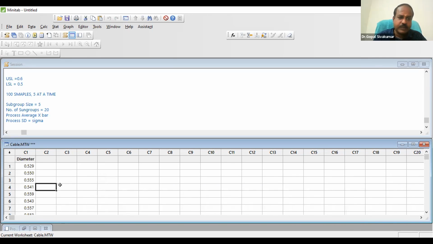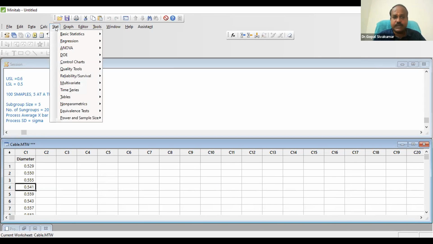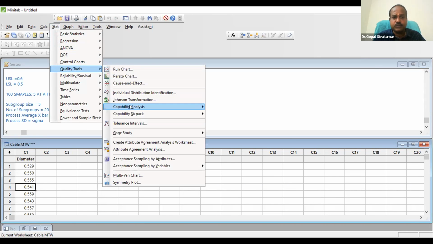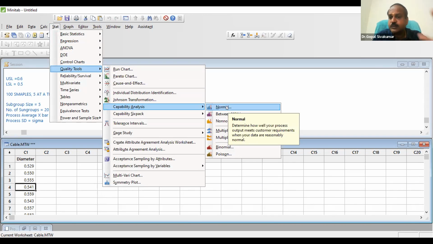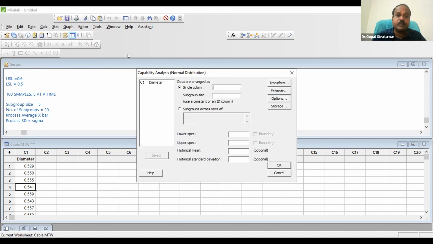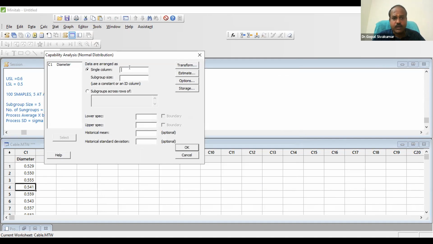Now, if you have Minitab, it will do the calculation for you. You go to Stat, go to Quality Tools, come to Capability Analysis. Then you come to Normal. Your data should be normal. We'll check that normality also. Right now it is normal. Now I come here, single column. You have the data, column number 1.